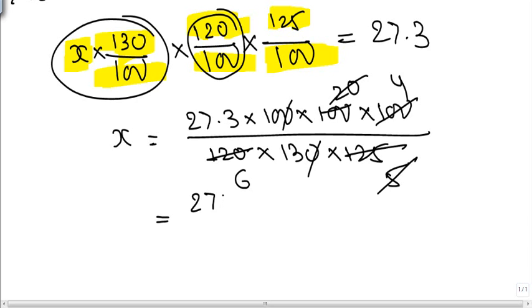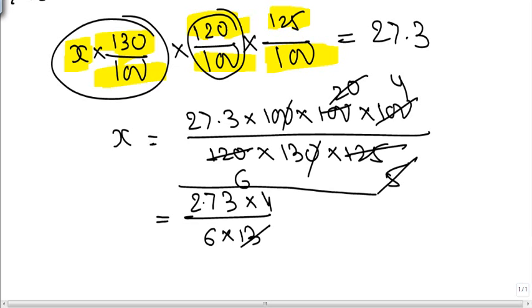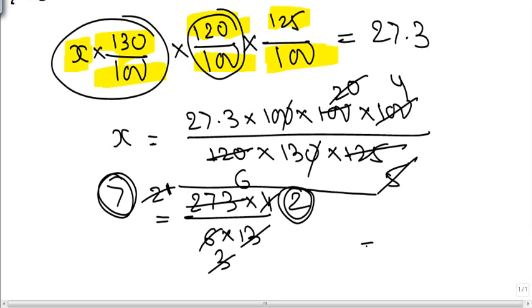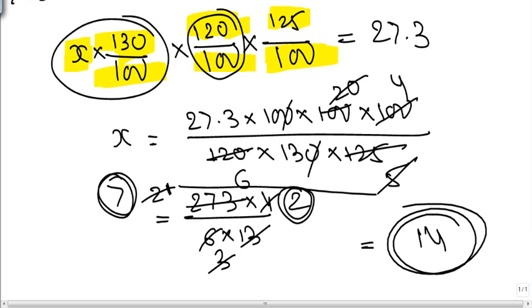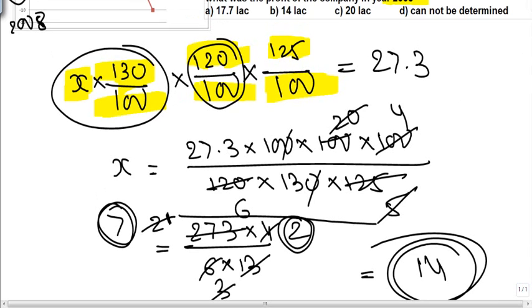So what was left out? Calculations are a very simple task for you. Into 4 is left out, divided by 6 into 13. 13 2s are 1s are 2, 2s are 3s are 3. So we are left with 7 and 2. Answer is 14 lakh. Look at the logic.